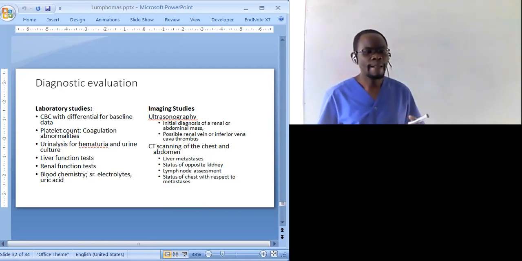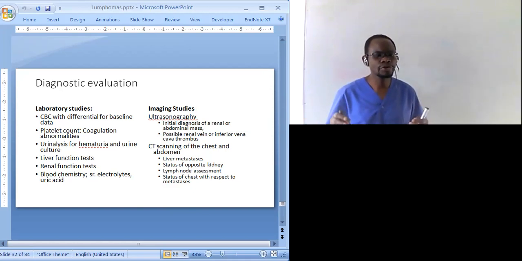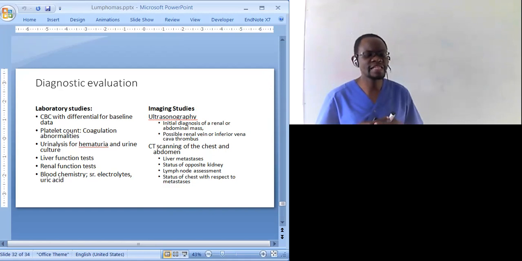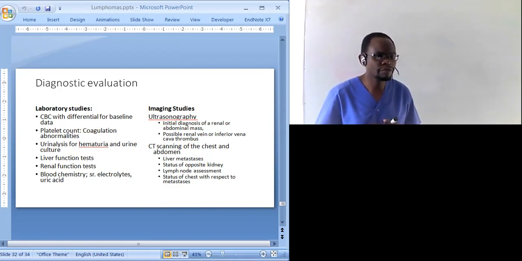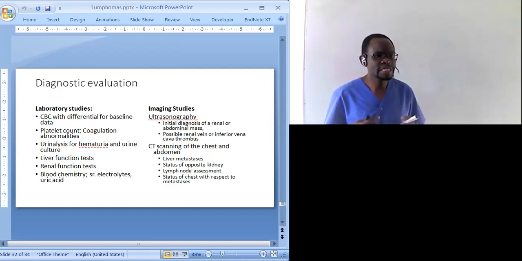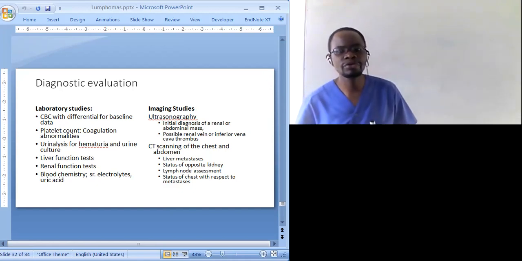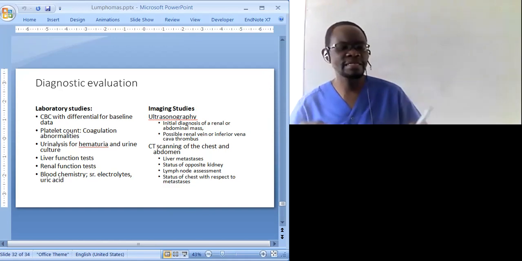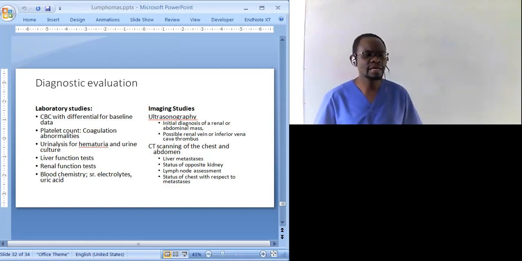And also a CT scan of the chest and abdomen, to know whether there are any metastases there. So basically, those are the diagnostic evaluations that are usually done.